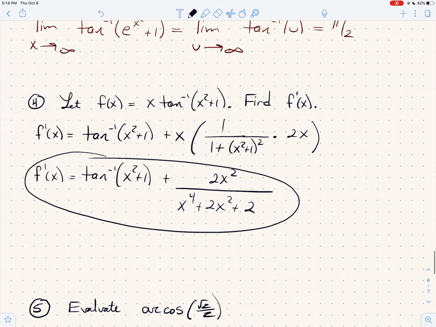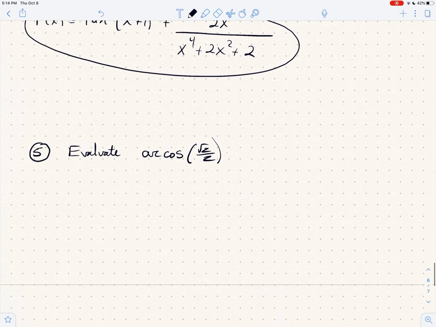All right, last example. How do you evaluate the arc cosine of square root of 2 over 2? You'll see some of these on your homework. Call this C. And then you know arc cosine sends root 2 over 2 to C if and only if the cosine of C equals root 2 over 2.